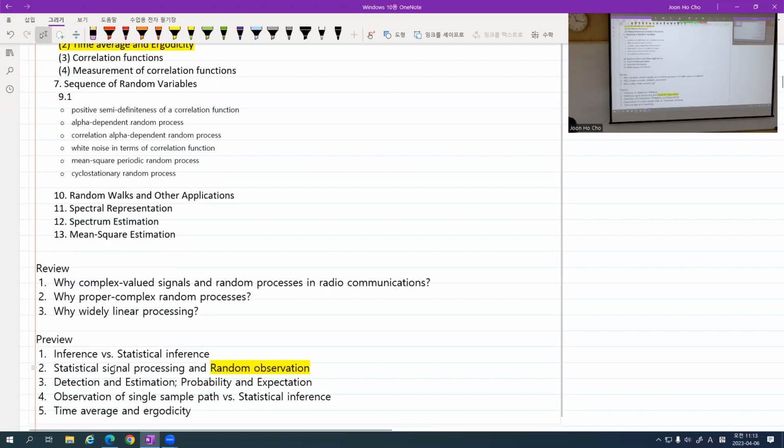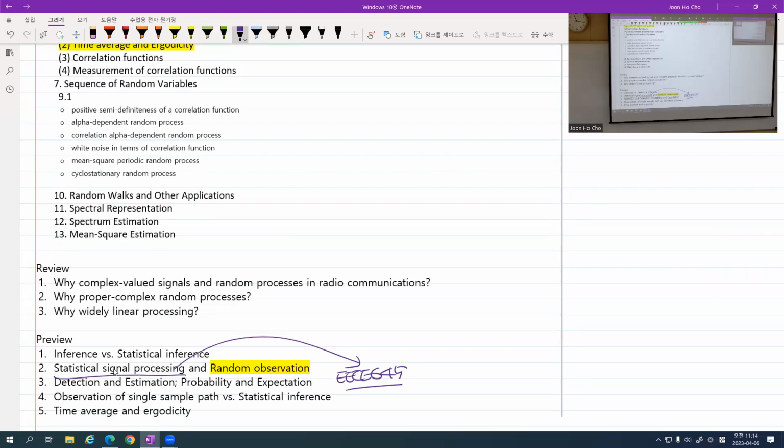That is actually EECE574, statistical signal processing. And I will talk more about observation of a single sample path versus statistical inference, and then we will talk about time average and ergodicity.